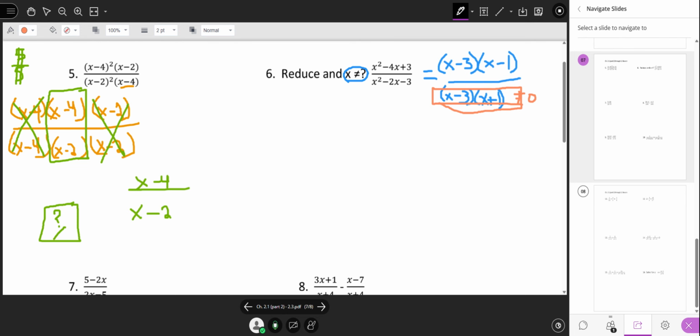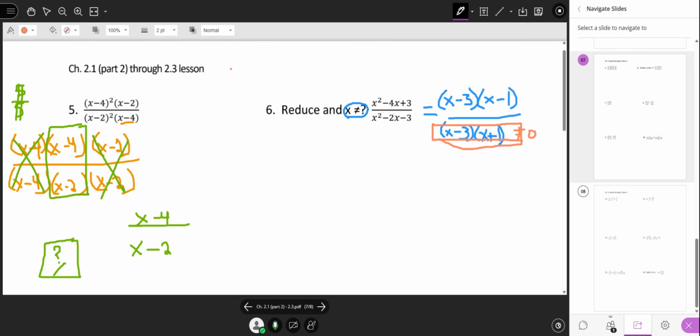So what I do is I take x minus 3, not allowed to be 0, and I take x plus 1, not allowed to be 0.